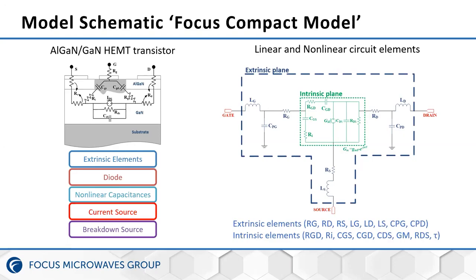The electrical model can be divided into two different planes, the intrinsic plane and the extrinsic plane. Each plane has a set of almost 8 elements. The intrinsic plane is used to model the active part of the device, and the extrinsic plane is used to model the passive part.